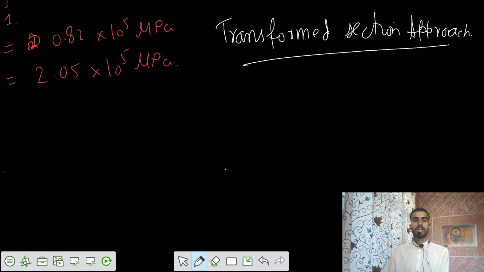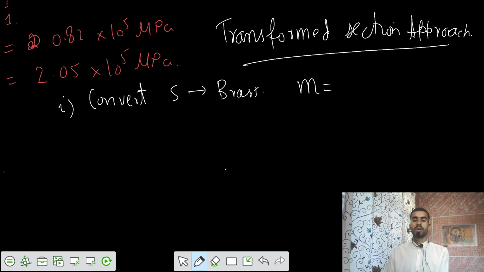So the first step is to convert. It's up to you which material you convert. Let's convert steel into brass. That means you have to apply a modification factor, also called the modular ratio.